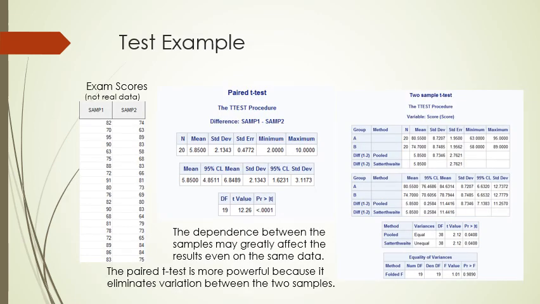This slide gives an example of the two-sample test. We use SAS software to conduct the test. We take two samples, 1 and 2, from boys and girls in a school exam, respectively. The sample size is 20, and the data is not real.